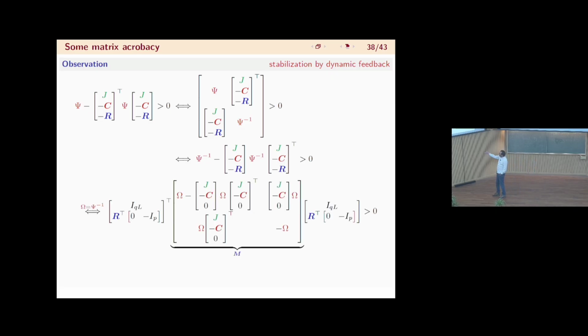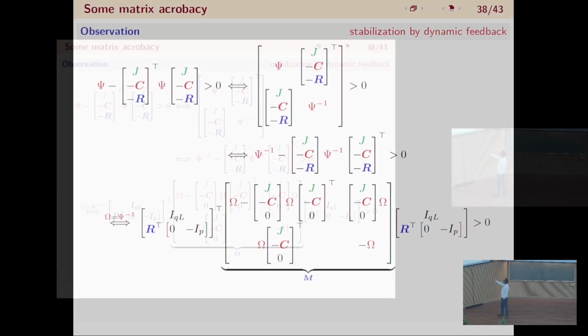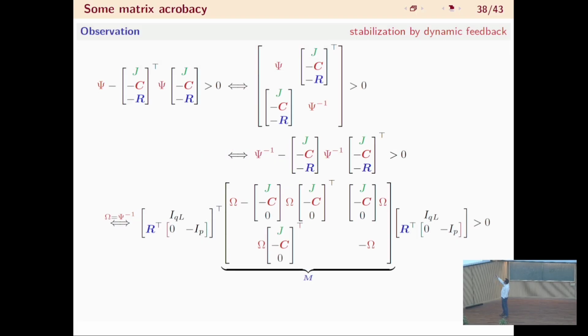Now, if I define psi inverse as omega, I can write this matrix inequality in the following way. This term is related to data consistent.